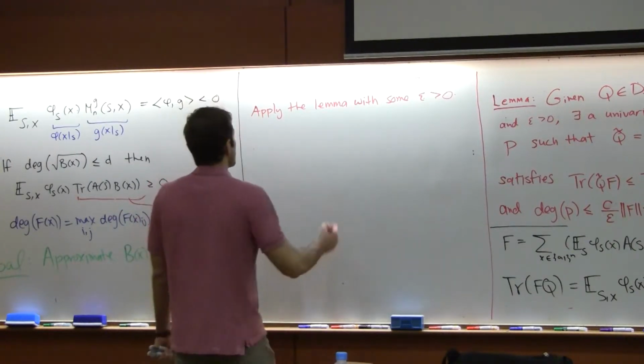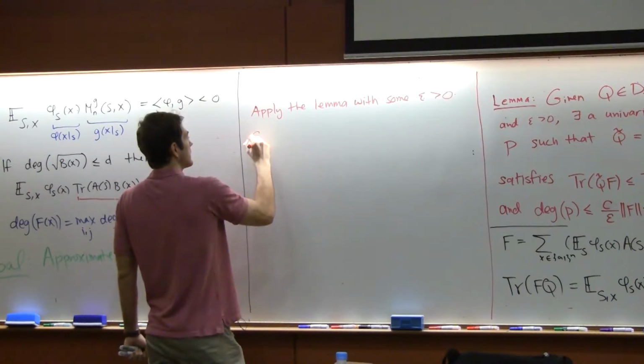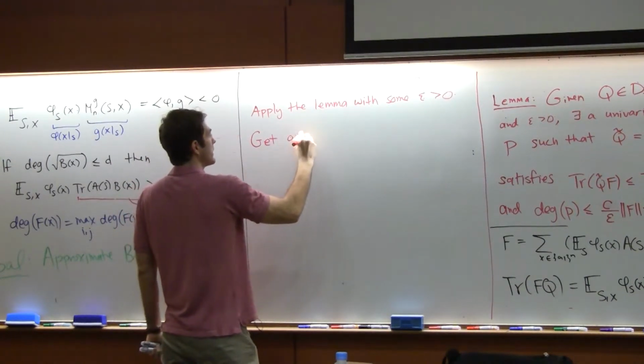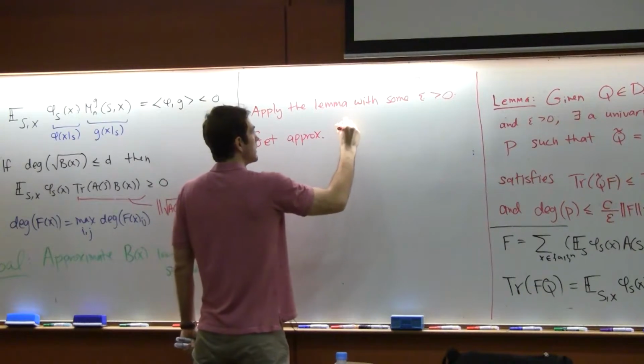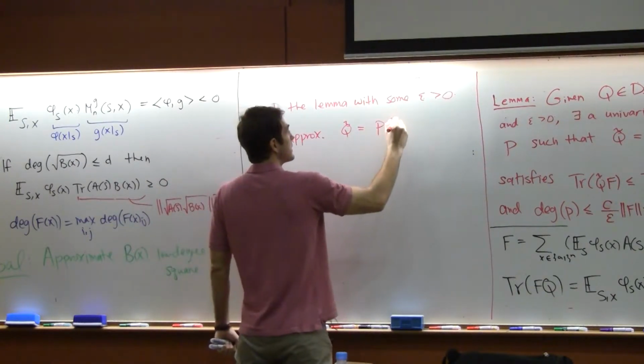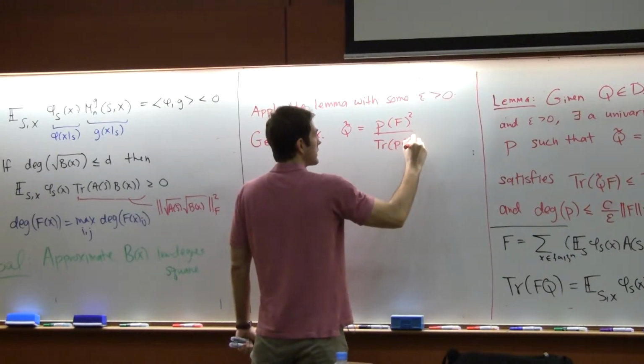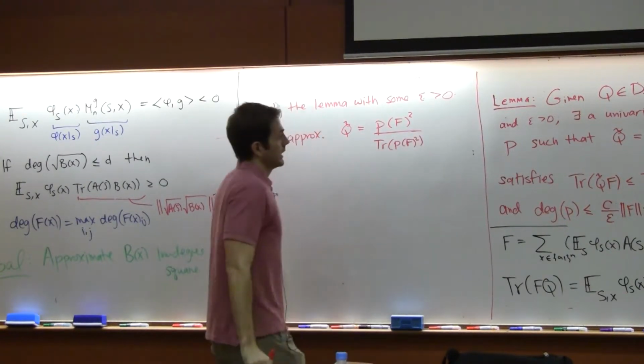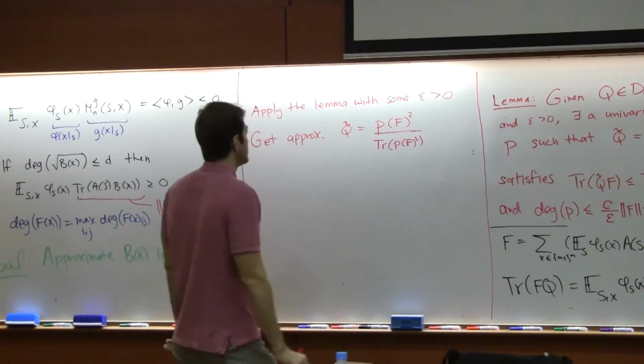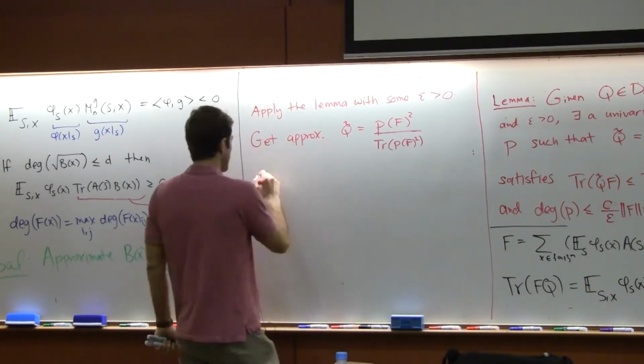Okay, so we get an approximator Q tilde, which is a polynomial in F squared, normalized to have trace 1, where the polynomial satisfies some degree bound.